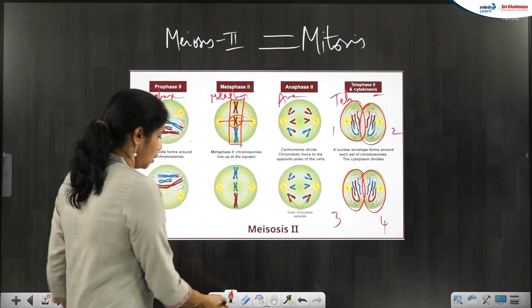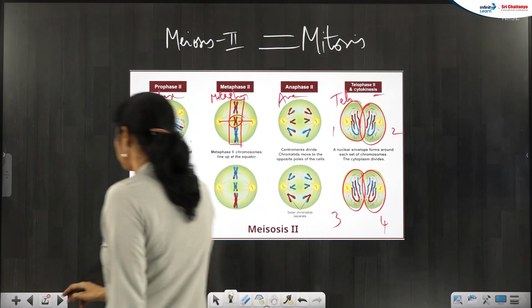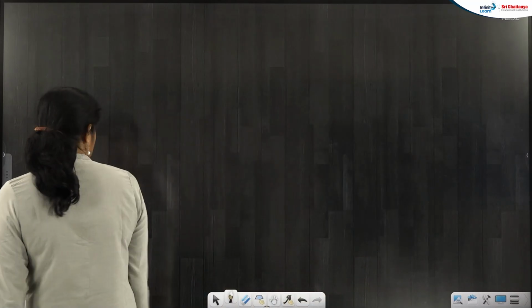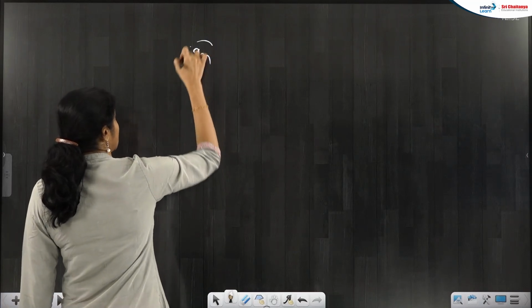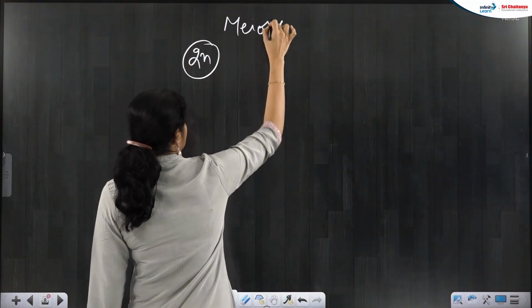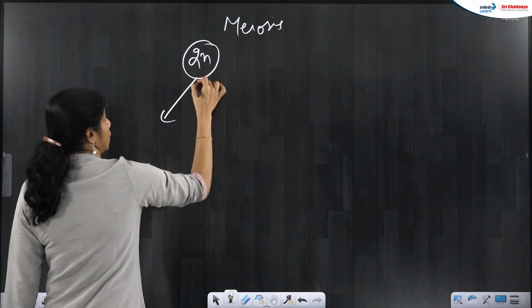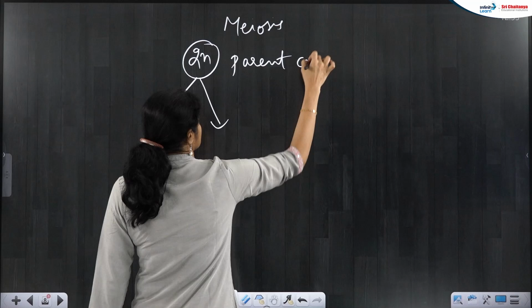So here, whatever the cell you take in the meiosis, take a diploid cell. This is called the parent cell or meiocyte.